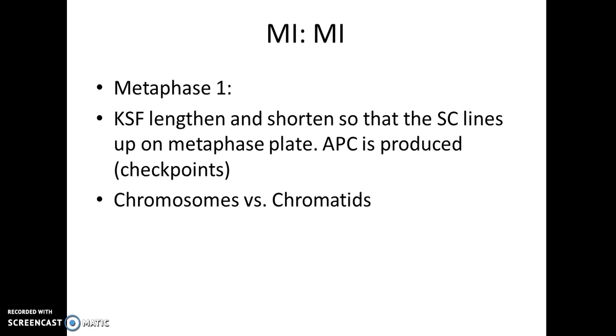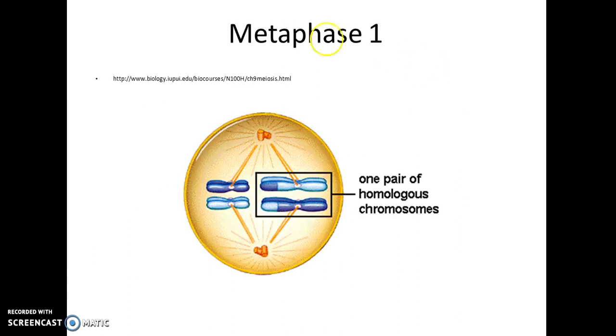So right now, if you take a look here, we have 4 chromosomes here. 1, 2, 3, 4. Right? 4 chromosomes. The synaptonemal complex should be in the middle here. Okay. And what's going to happen is in anaphase, they're going to divide, and we're going to end up with 2 chromosomes per cell.